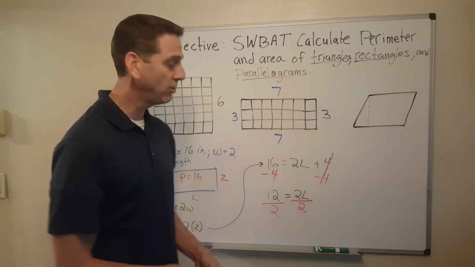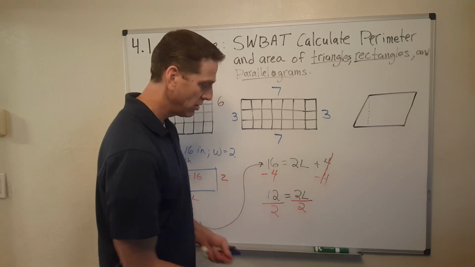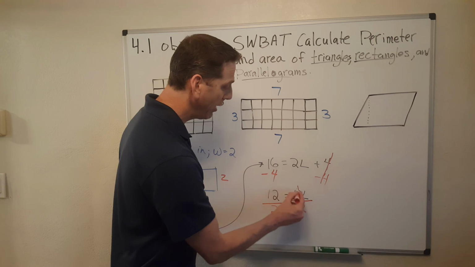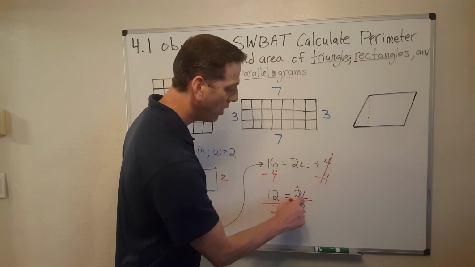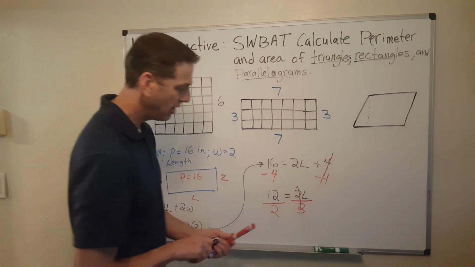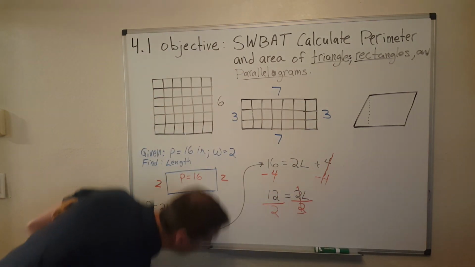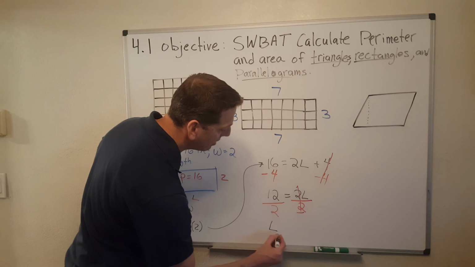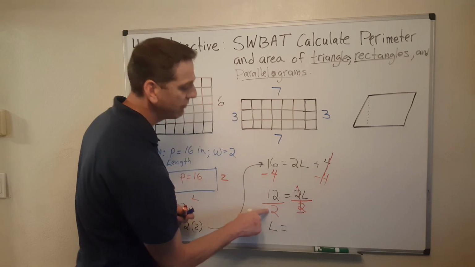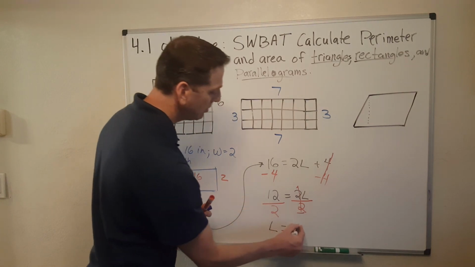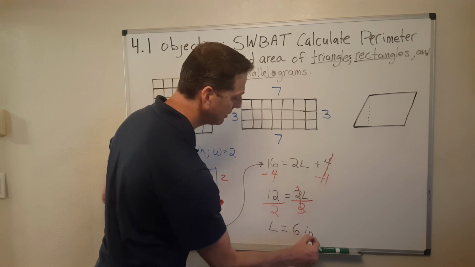Divide both sides by 2. 2 divided by 2 is 1. So I get 1L. And if it's okay with you, I'm going to bring that L right over here. And 12 divided by 2, you got it, it's 6. And that's 6 inches.